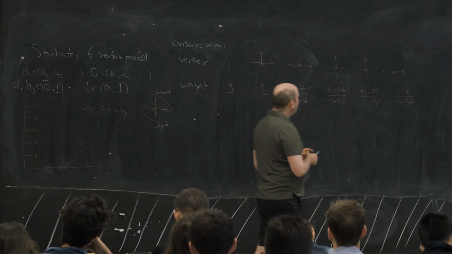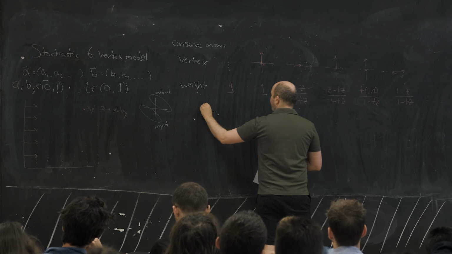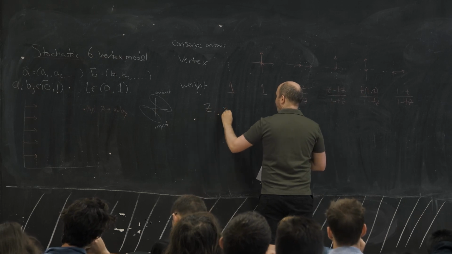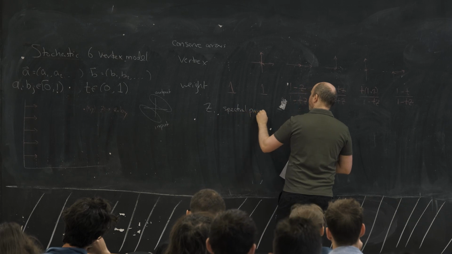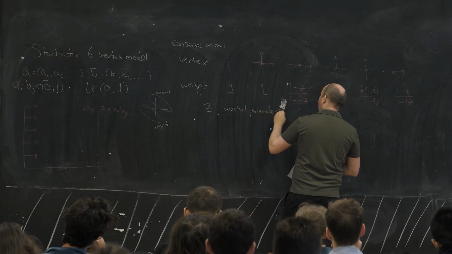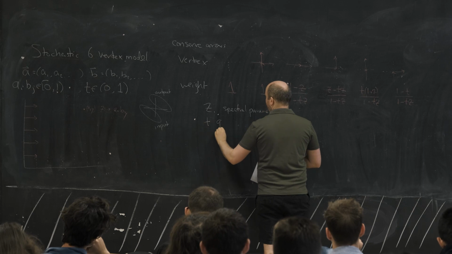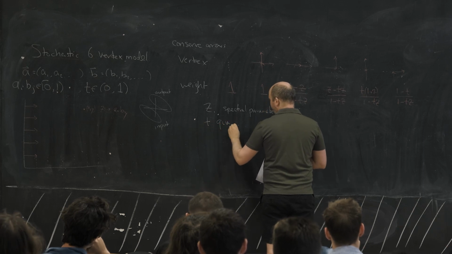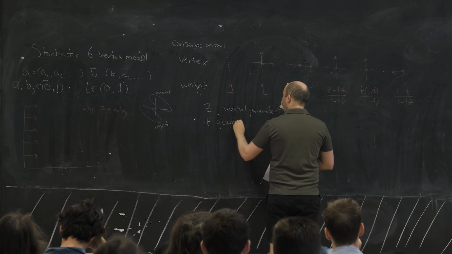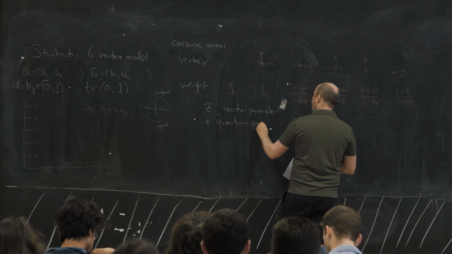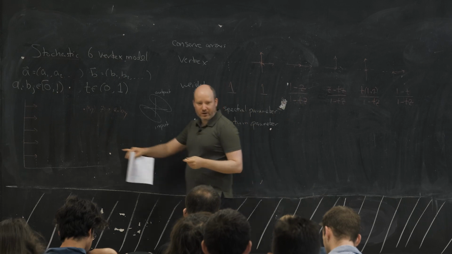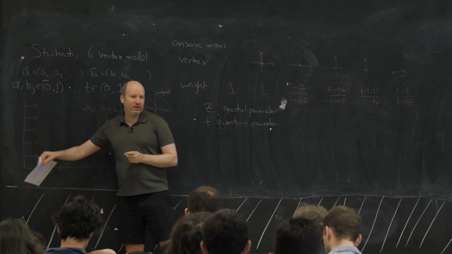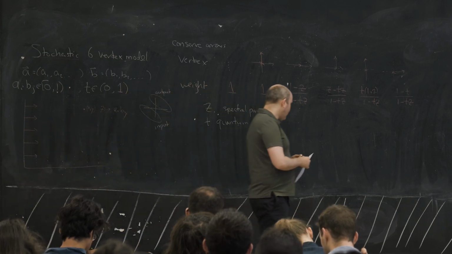This z has a name. z is called the spectral parameter. T is sometimes called the quantum parameter, so it's sometimes denoted by q as well. The spectral parameter can vary in this doubly inhomogeneous way, but the quantum parameter stays fixed.